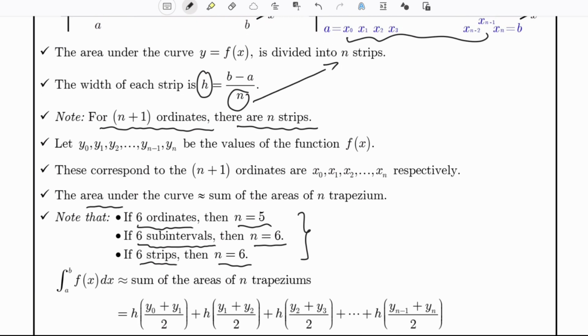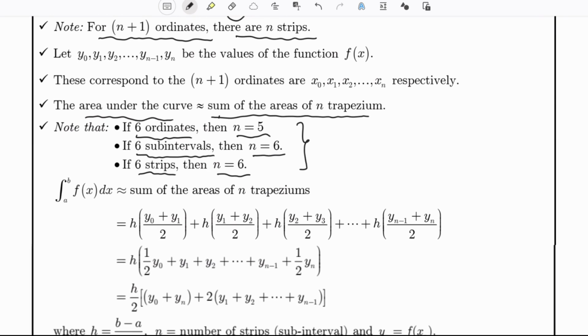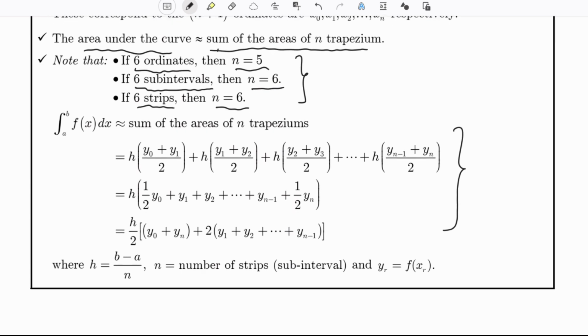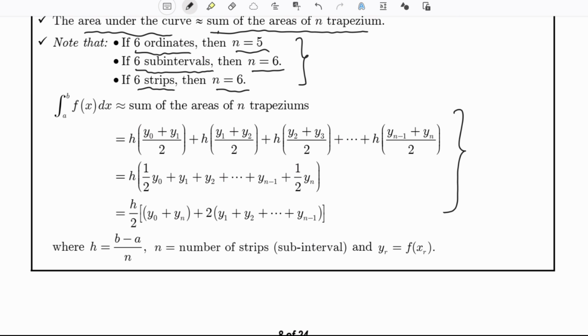The area under the curve is actually the sum of the areas of the n trapezia. This is how the formula is derived. What you need to remember is that the integral from a to b of f(x) dx is equal to h over 2 times the bracket of y0 plus yn plus 2 times the bracket of all the y's in between, where h is b minus a over n, and n is the number of strips.